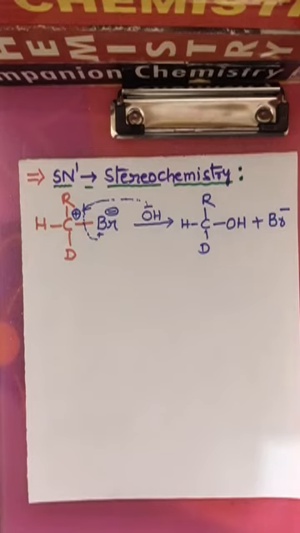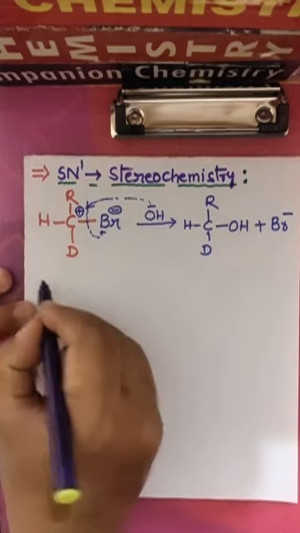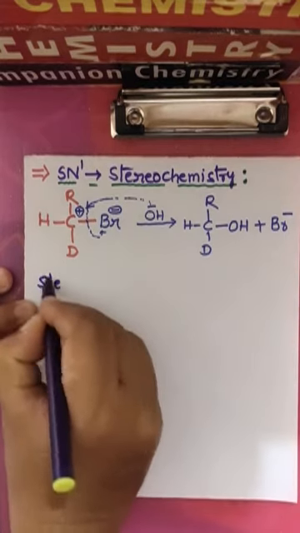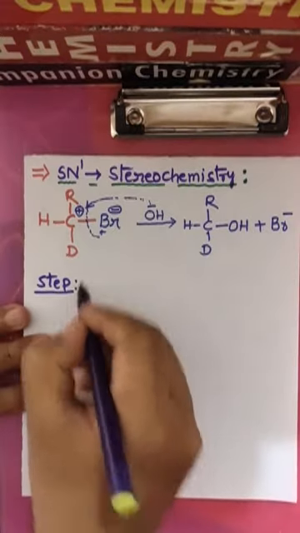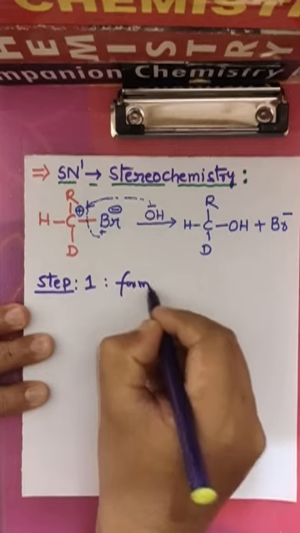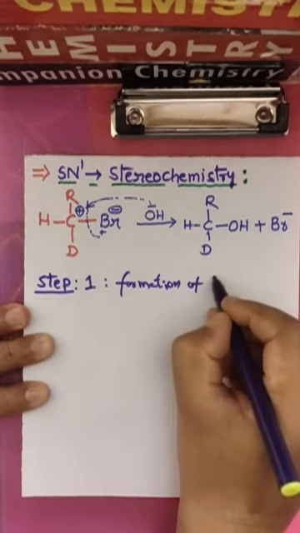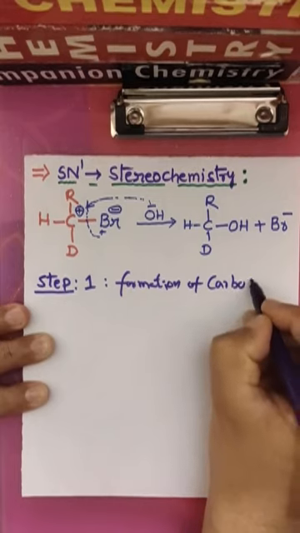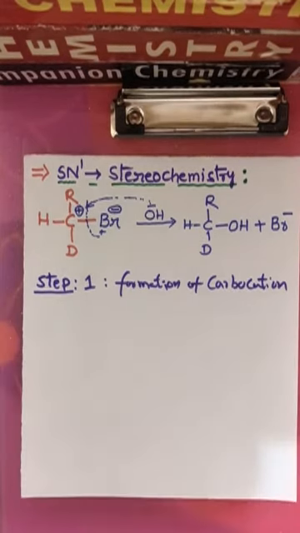First, formation of carbocation. So how will the carbocation be formed? Step 1. In step 1, carbocation formation. Carbocation is going to be formed.